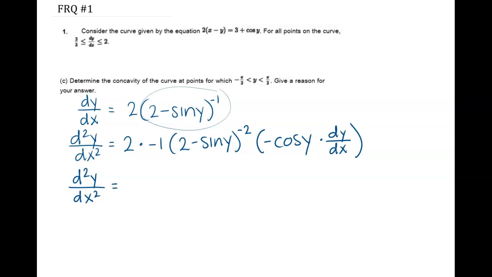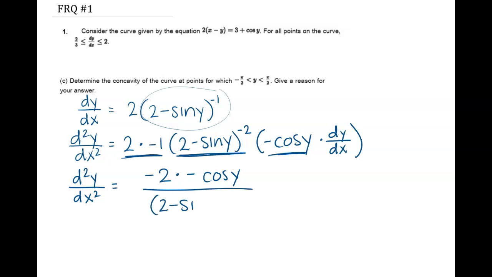So this is equal to negative 2 times negative cosine y, taking pieces at a time, divided by 2 minus sine of y squared, because we're putting it in the denominator, so now it's a positive, times dy dx, which we already have, and this equals 2 divided by 2 minus sine y.